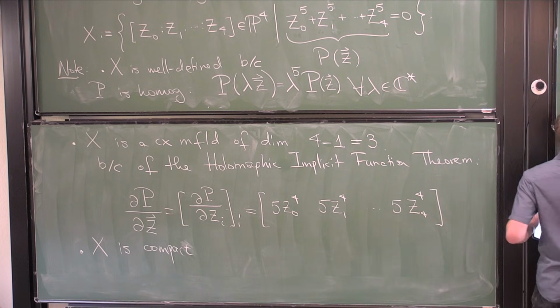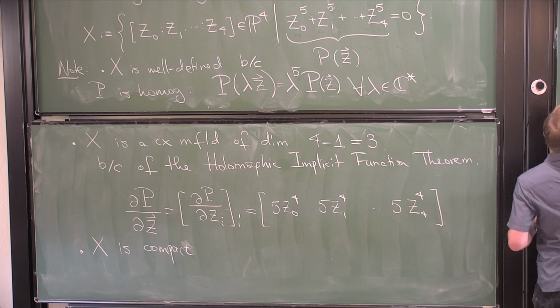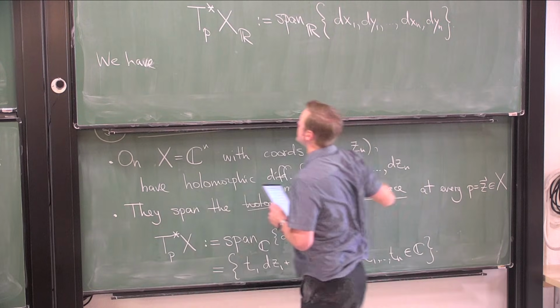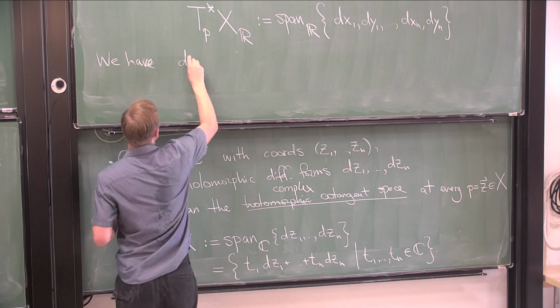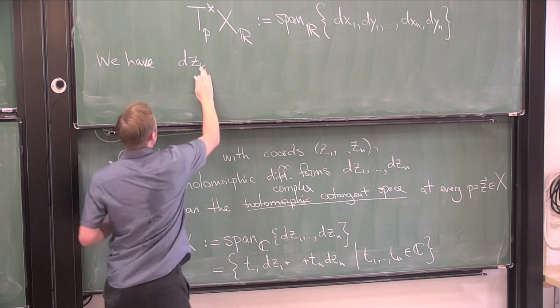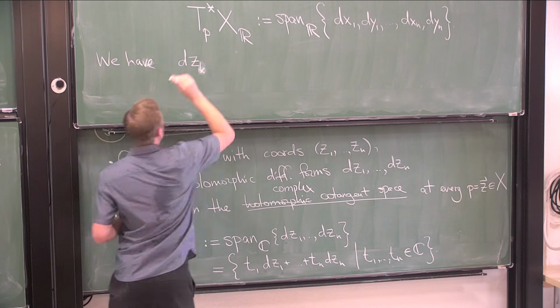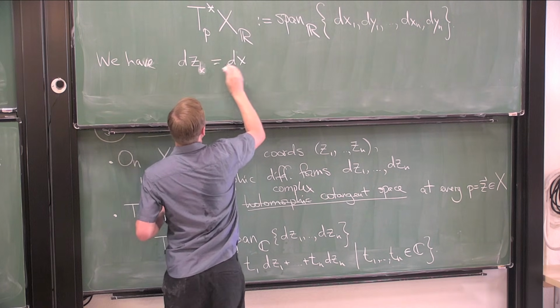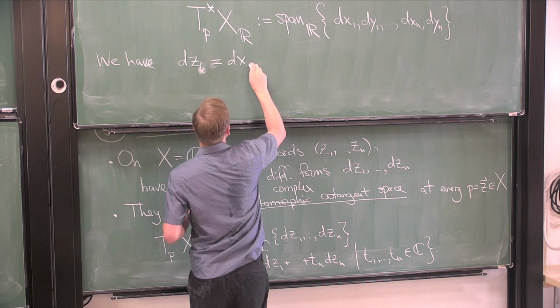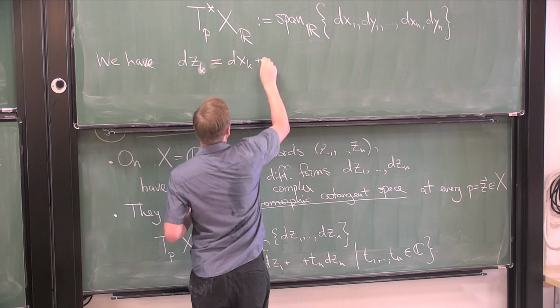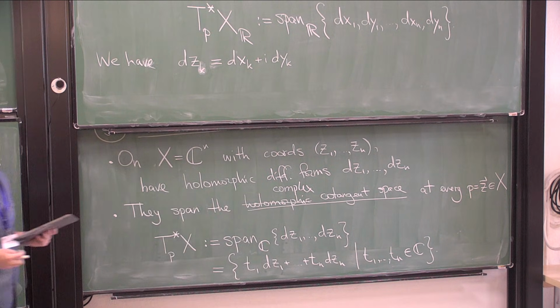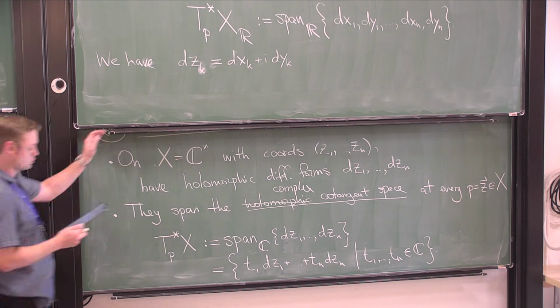Because of this decomposition of z into the real and imaginary part, these covectors dz_k also decompose into the real and imaginary part. In other words, they're just linear combinations, but now with complex coefficients, of these real covectors that we're familiar with.